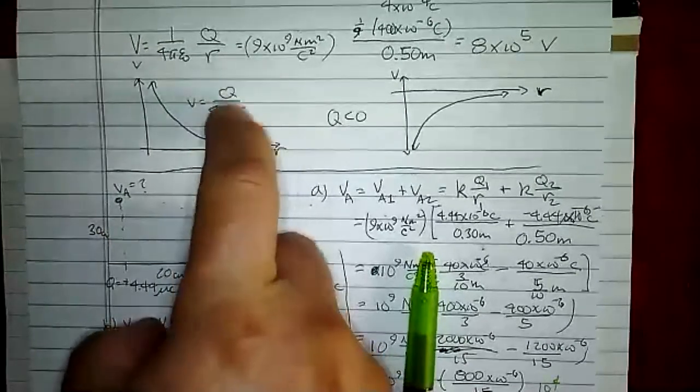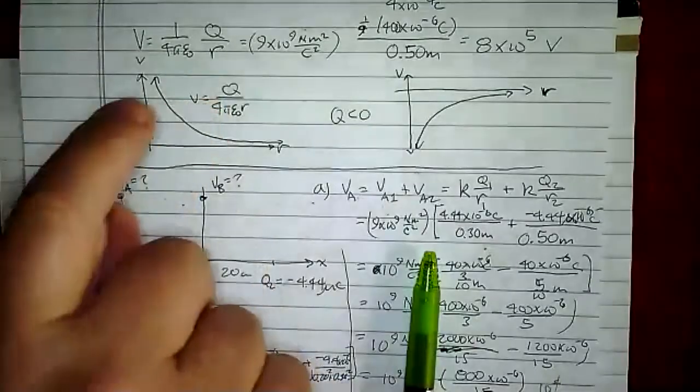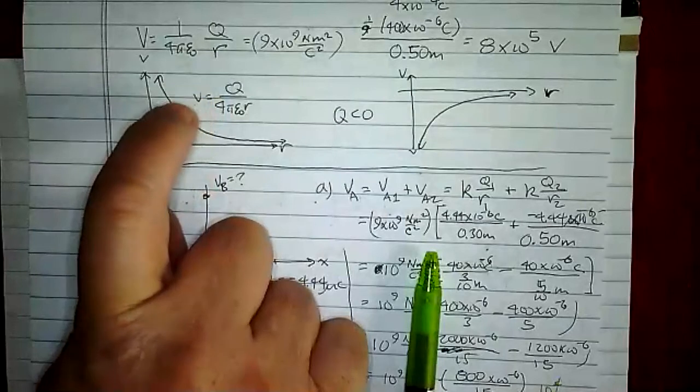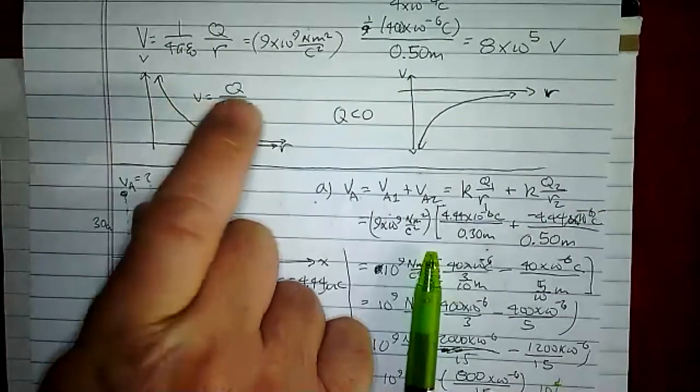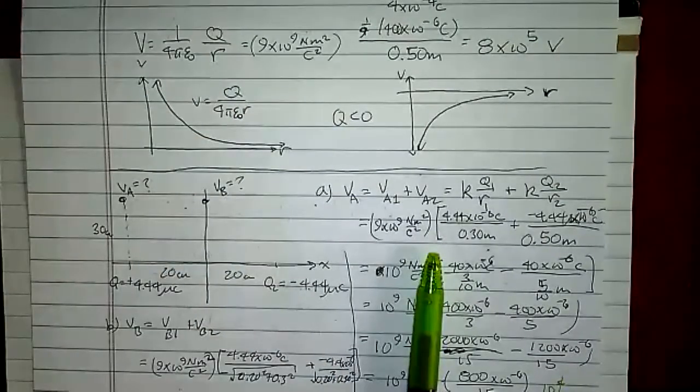It's the source of the voltage. So I used a big Q. Whereas if I want to calculate the actual potential energy that a charged particle had at some point in this voltage, then I'd use the little q for that charged particle. Does that make sense?